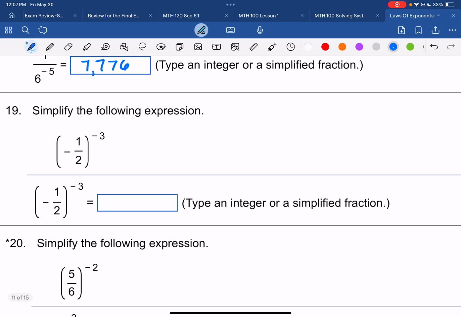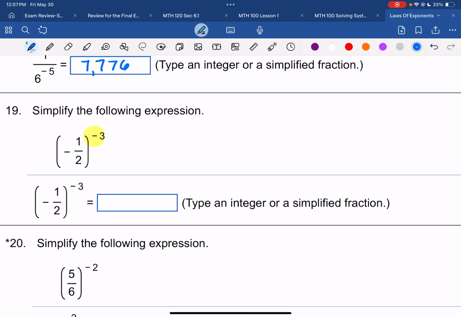Now we have a couple of options for number 19. We have negative 1/2 raised to the negative 3. So keeping in mind that the negative exponent means to take the reciprocal, what I can do is take the reciprocal and then raise it to the third, or raise it to the third and then reciprocal it.